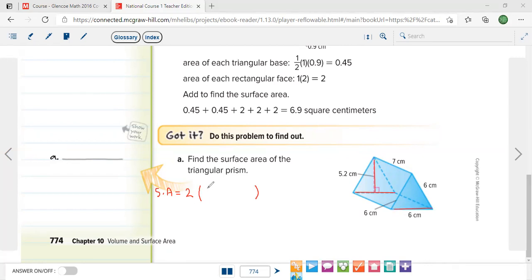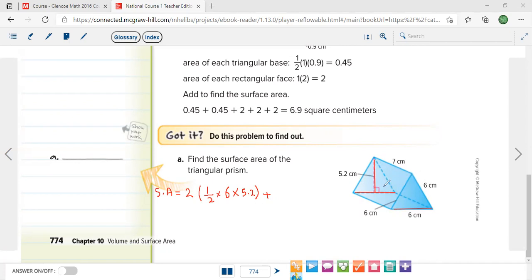So I'm going to say half times the base, which is 6, times the height, which is 5.2. Plus. Now we need to find the faces, the three faces.